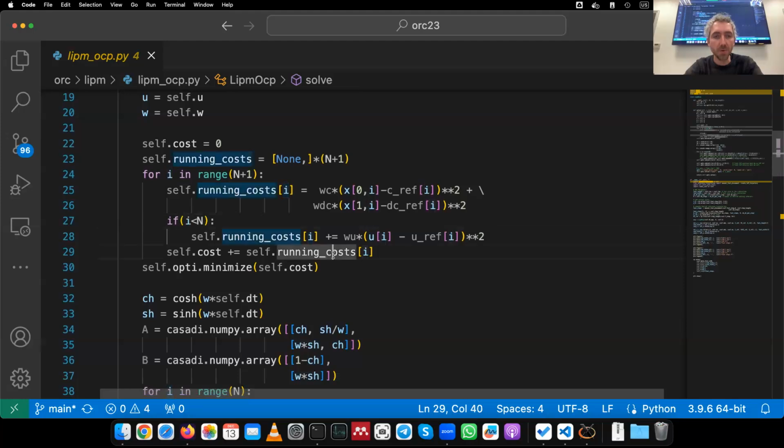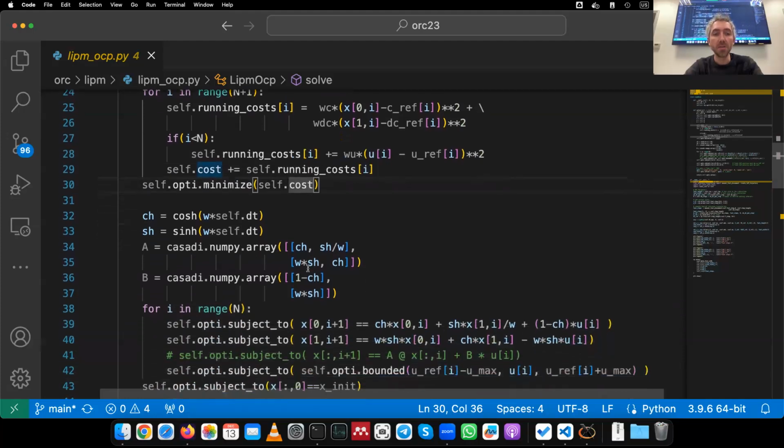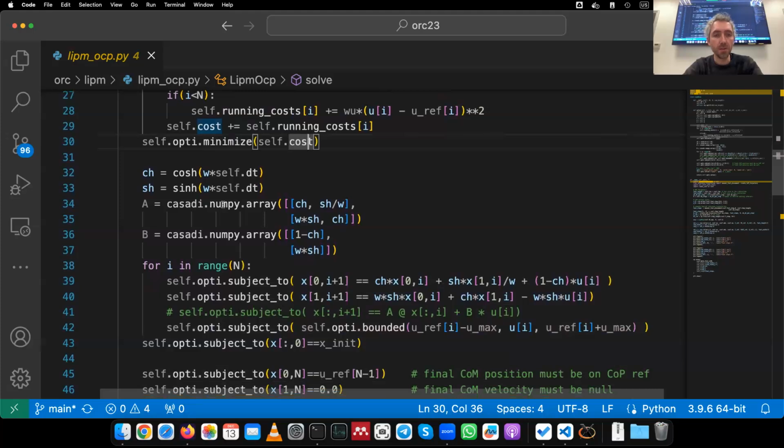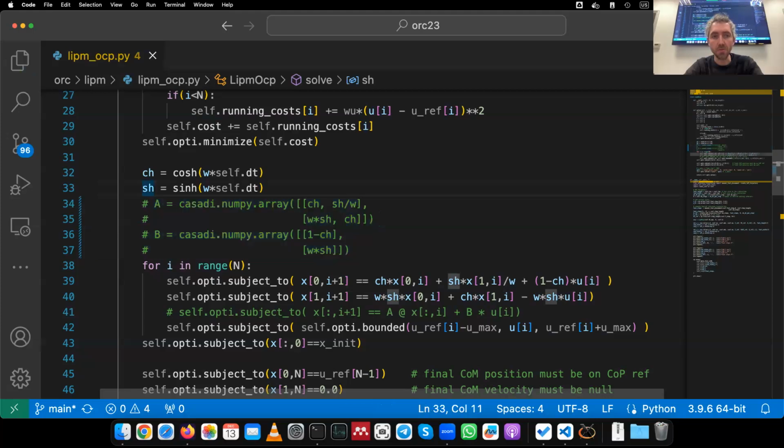So we are summing up all this running cost for all the time steps, and that's the cost that we pass to the solver to minimize. So we want to minimize this cost. Then we need to define the dynamics of the system. So actually this part here was just an experiment, so you can comment it.